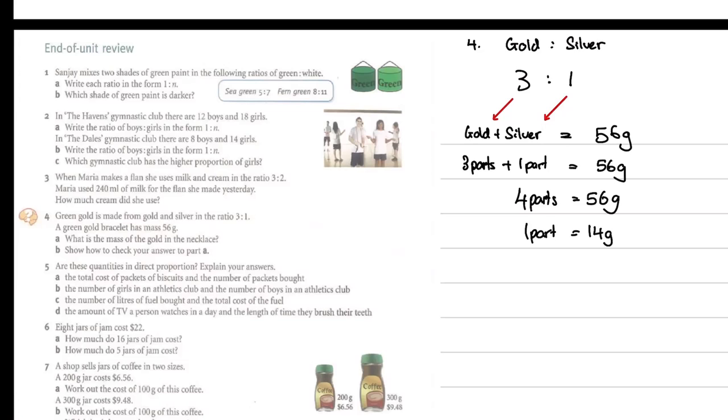So how much gold? Gold is 3 parts. So it is 14 grams multiplied by 3. Okay?